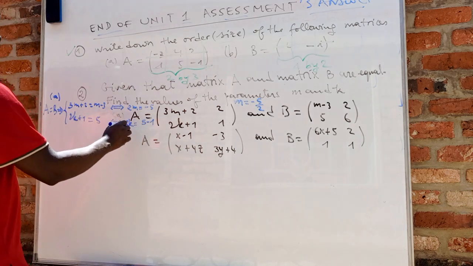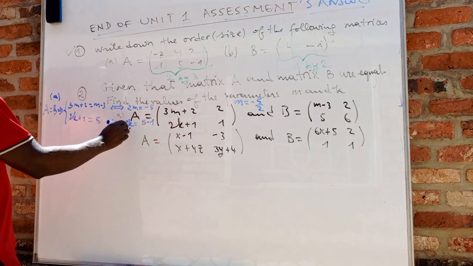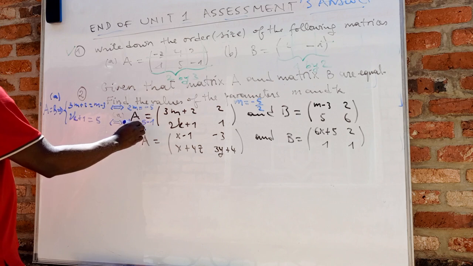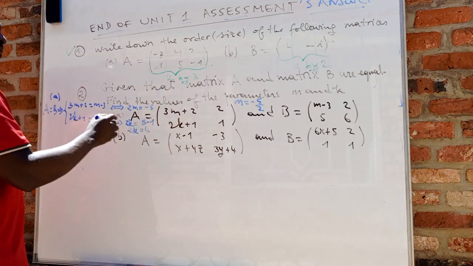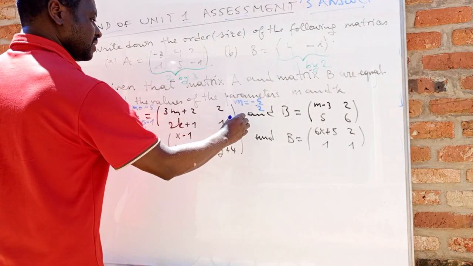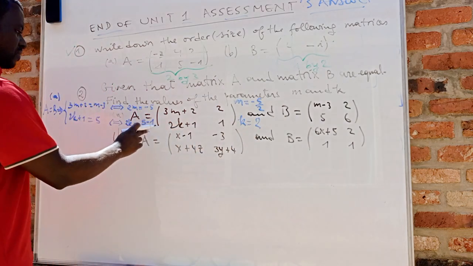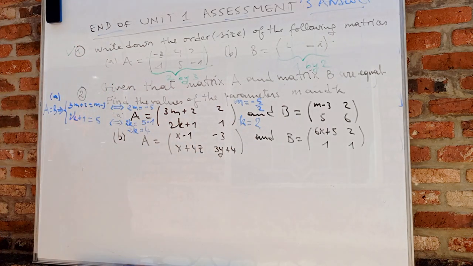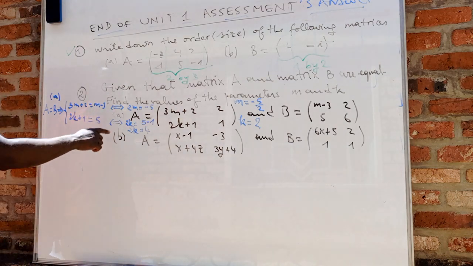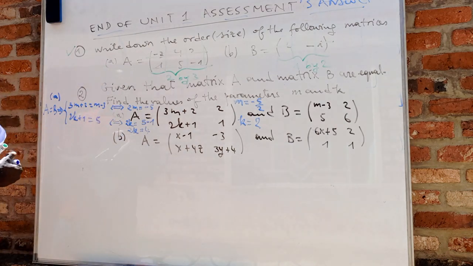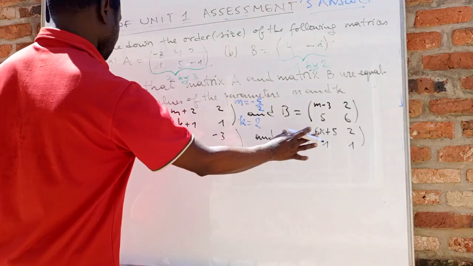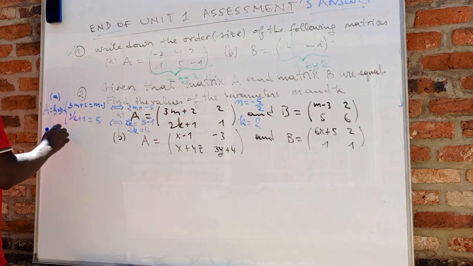Then 2K is equal to 4, which means that K is equal to 2, which is 4 divided by 2. That is sub-question A. How about sub-question B? We want this matrix A to be equal to matrix B.